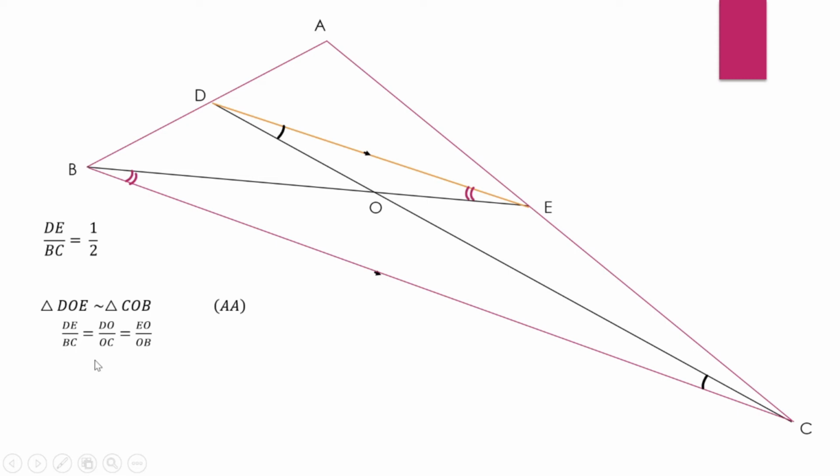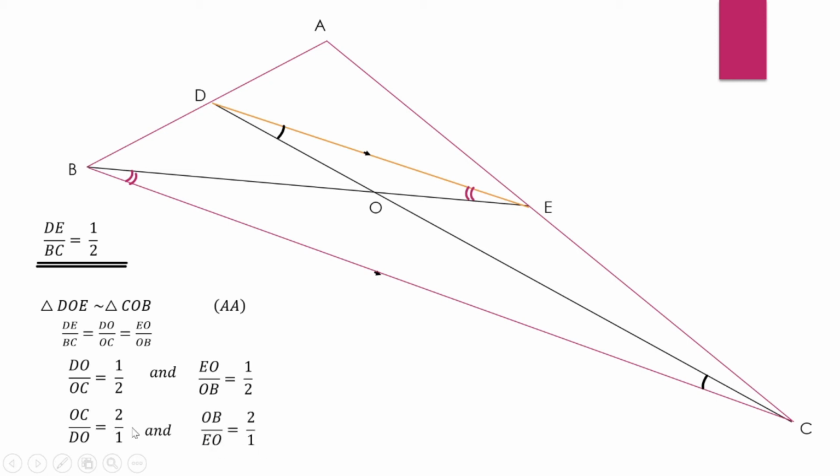So which actually implies this and this. Means the ratio of these sides is also going to be half because of this fact. Now these two can be rearranged like this and this. So here we prove our first result, that the median is divided in the ratio 2:1 by the centroid. Here you can see OC over DO is equal to 2:1 and BO over OE is 2:1.